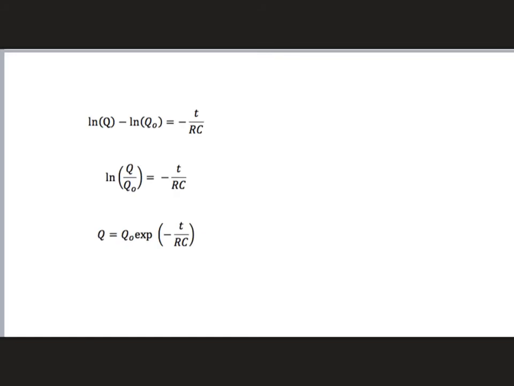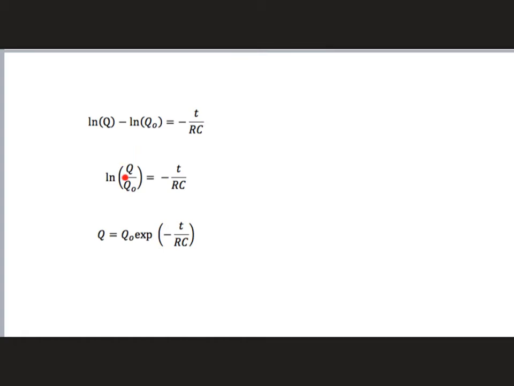So if we plug in the limits of our integral into our integrand, we get the log of Q minus the log of Q naught is equal to minus t over RC. Again, we can use the property of logarithms to combine the difference into a fraction, and we get the log of Q divided by Q naught is equal to minus t over RC. And of course, we were trying to solve for Q, which is the charge on the capacitor as a function of time.